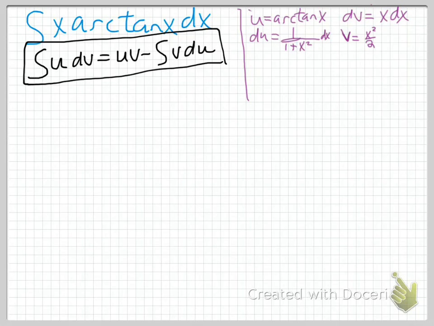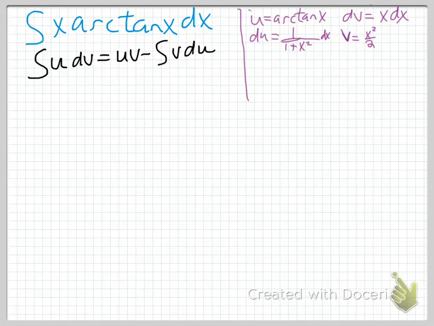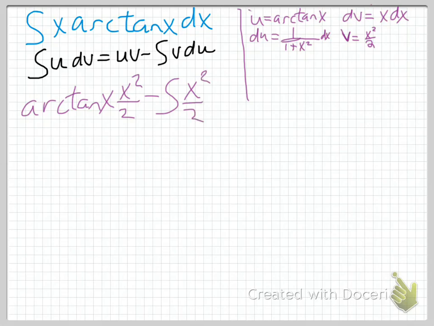We have uv, which is arctan of x multiplied by v, which is x squared over 2, minus the integral of v, which is x squared over 2, du, which is 1 over 1 plus x squared dx.